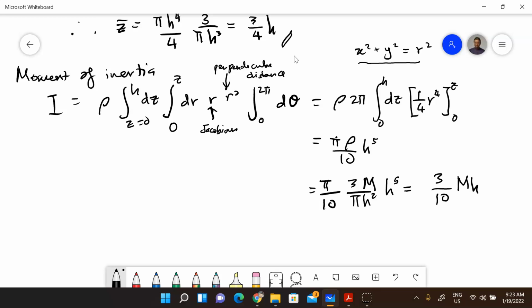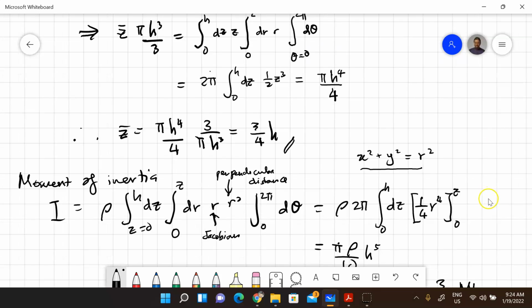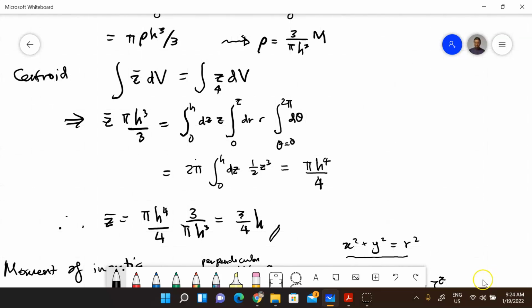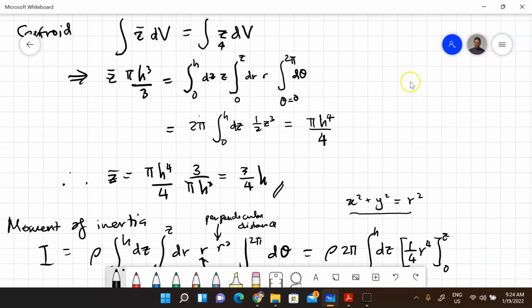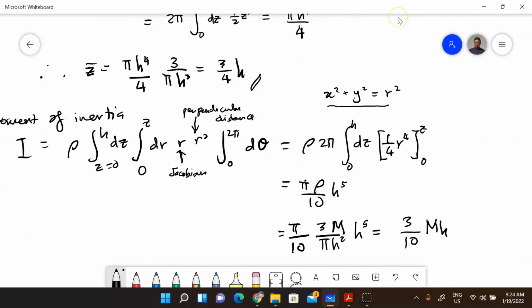Something is wrong. Let me see. h cubed is not h squared. Let me erase that. This is h cubed, so then you have h squared.